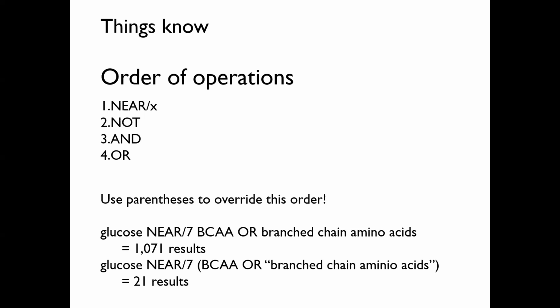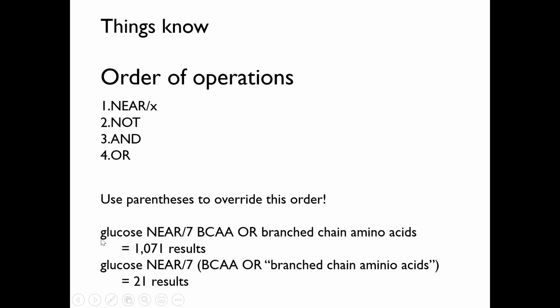So just to give you a sense of the difference that it makes, if we searched glucose near 7, BCAA, or branched chain amino acids, then we get 1,071 results. If we do it by putting BCAA or branched chain amino acids inside the parentheses, then we only get 21 results.